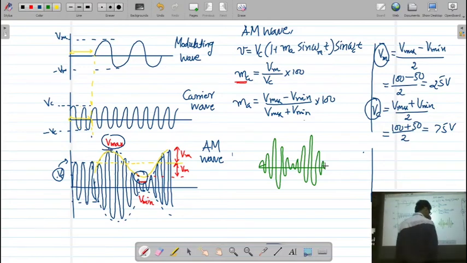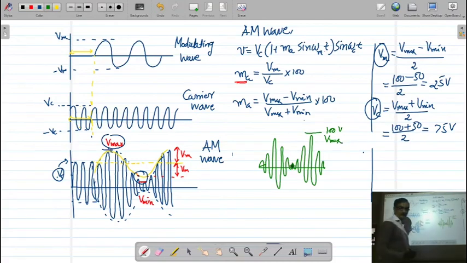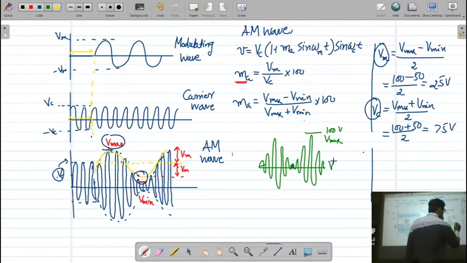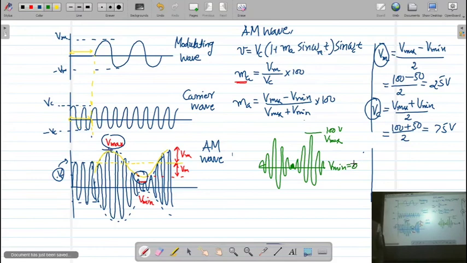So, actually if you see, this amplitude is, let us say, 100 volt. That is my V maximum. Right? And here if you look at this, the V minimum voltage is 0. Remember, at this point, the minimum voltage is 0, maximum voltage is 100.